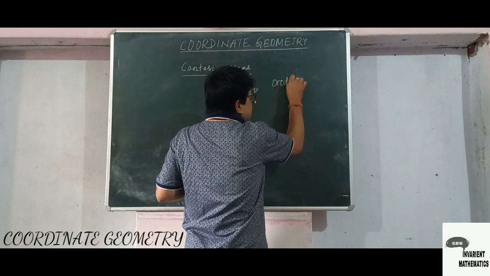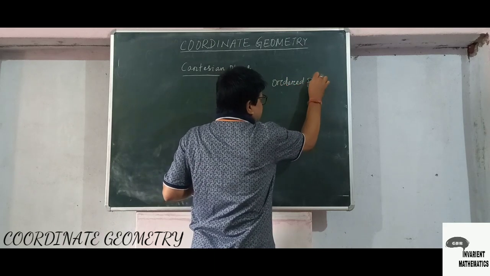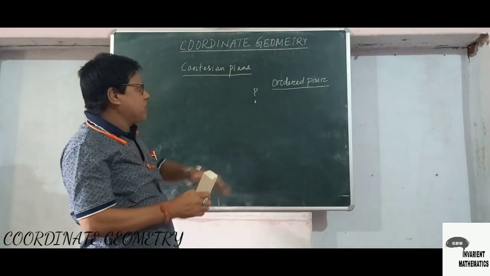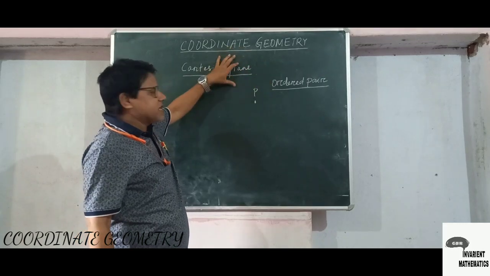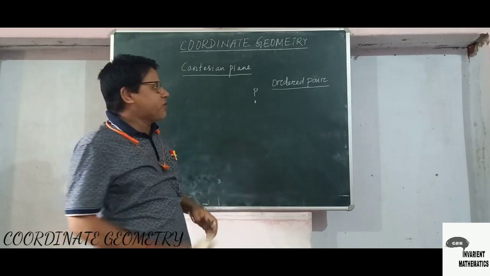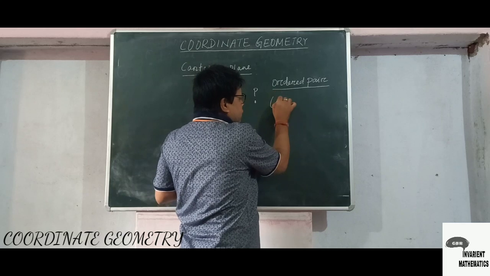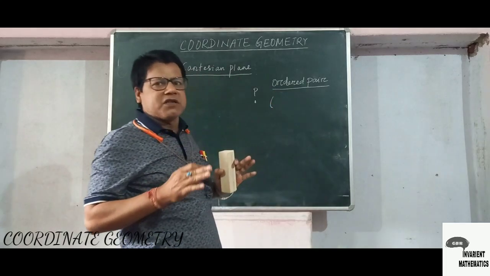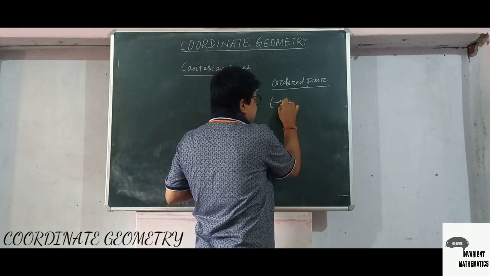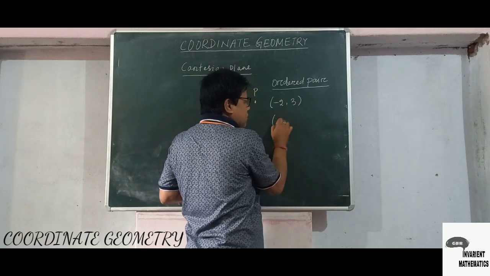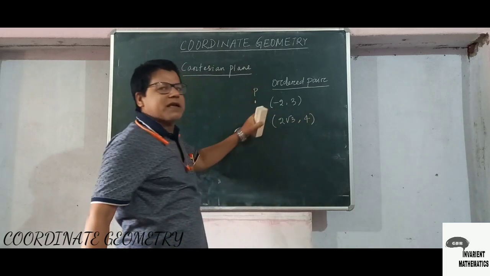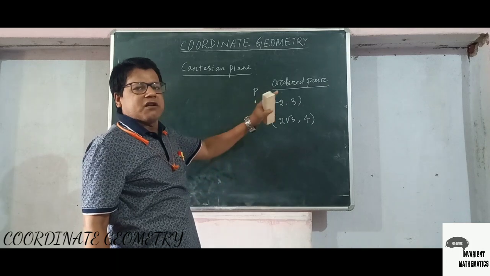This is a new term for you: ordered pair. Each point on a Cartesian plane relates with an ordered pair. What is the meaning of an ordered pair? When two real numbers are written inside a small bracket, suppose I write (-2, 3) or (2, 3), then it is known as an ordered pair.